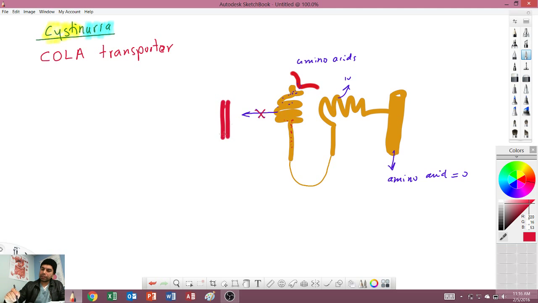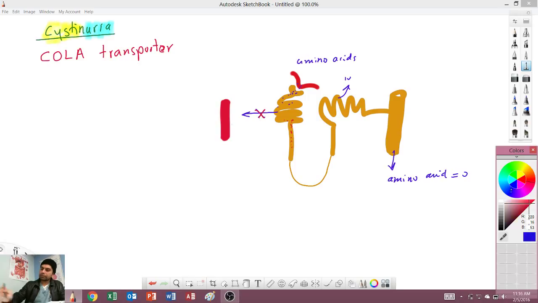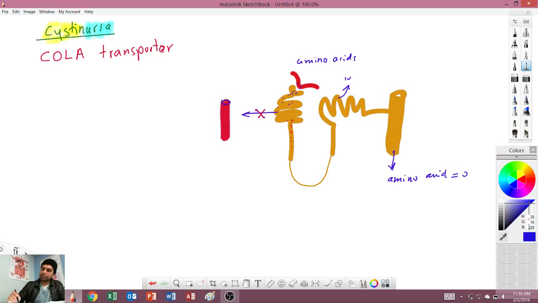Let's see, this is a blood vessel. In my diagram it's like that, but in reality, this blood vessel goes along the tube like this, and it will give you tiny branches that loop around the nephron.